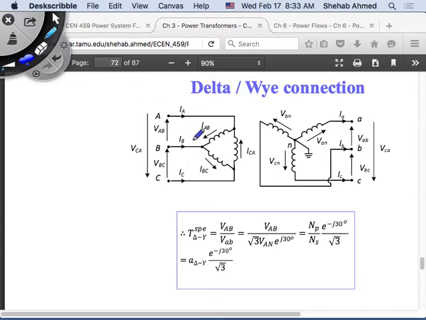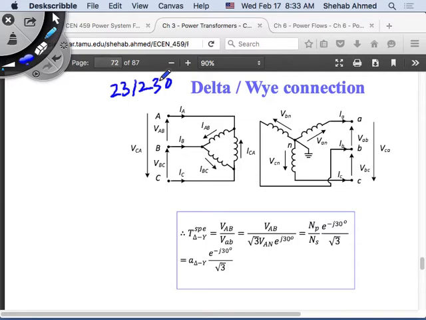This is my delta, and the line-to-line voltage is what? For the delta, they said it was 23 to 230. They assumed it was the terminal voltage for the single phase transformer. So the 10 is justified. That's where they got their 10 from.